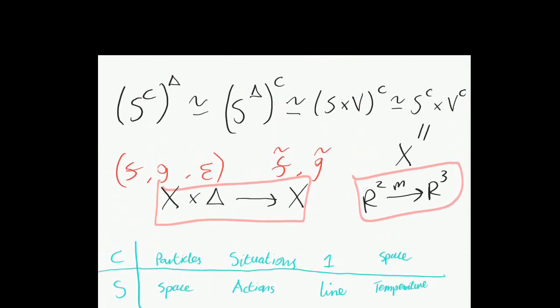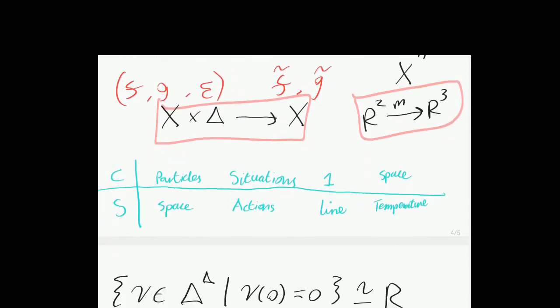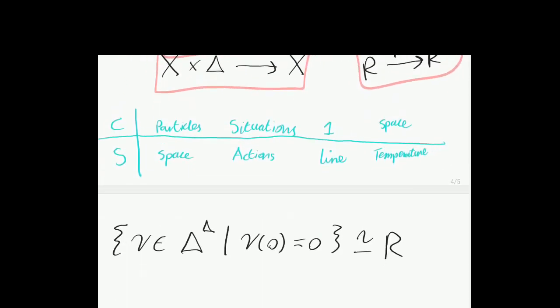The final thing I wanted to say might seem a little bit cryptic, but I think it's extremely interesting. And that is, what about this space delta to the power of delta? So this is the space of maps from our nil square infinitesimals to themselves. And it turns out that if we consider all of those maps which send 0 to 0, those form a space.